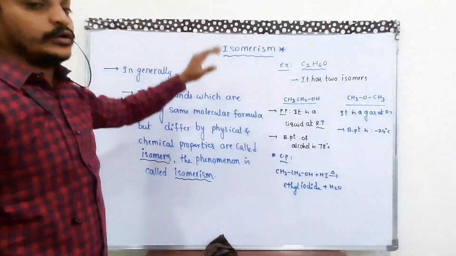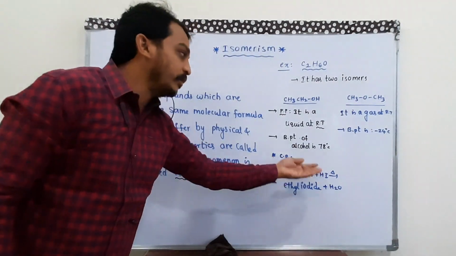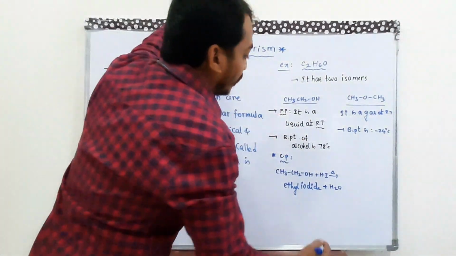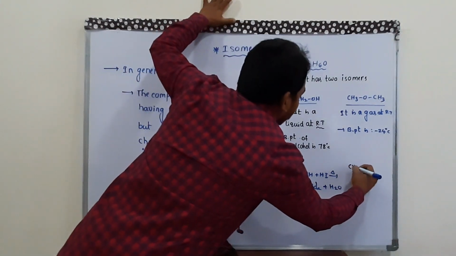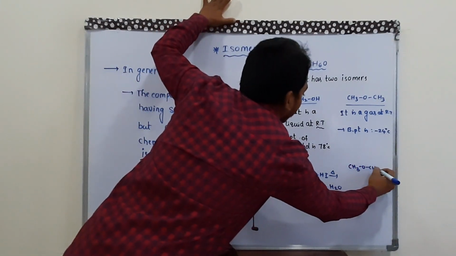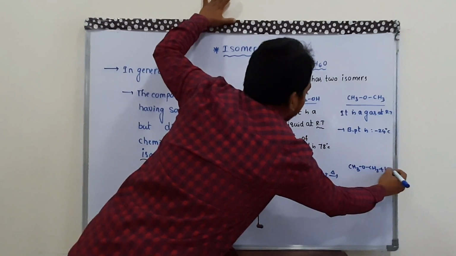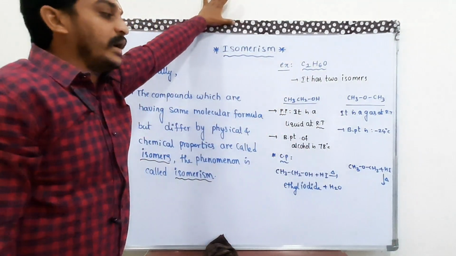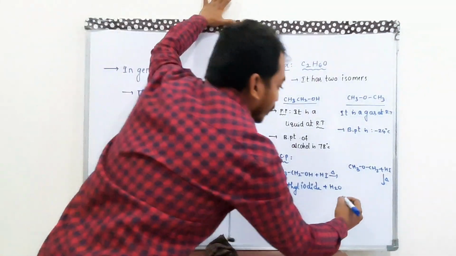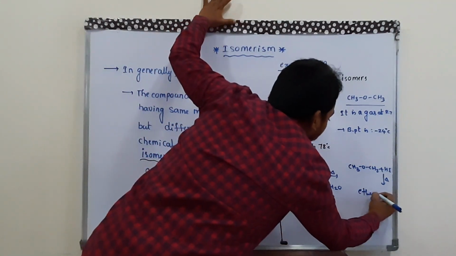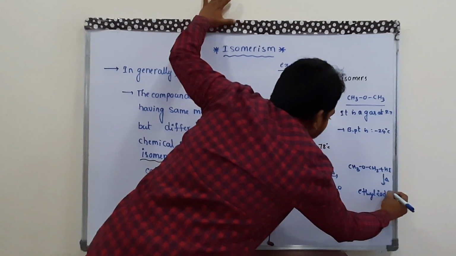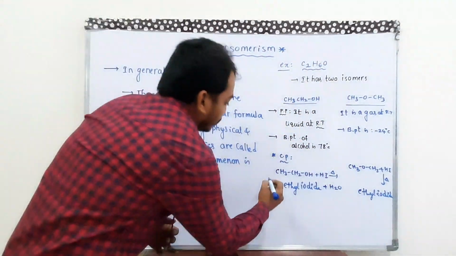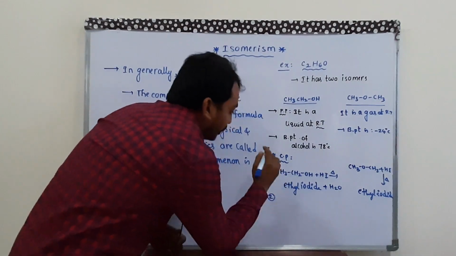If you observe the ether molecule, CH3OCH3, when it reacts with hydrogen iodide in the presence of heat, it produces only ethyl iodide.